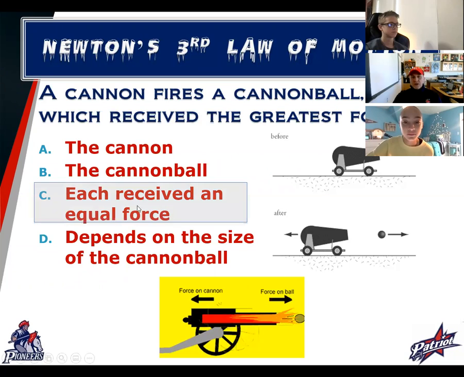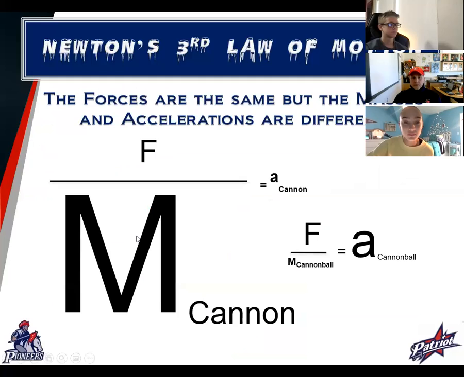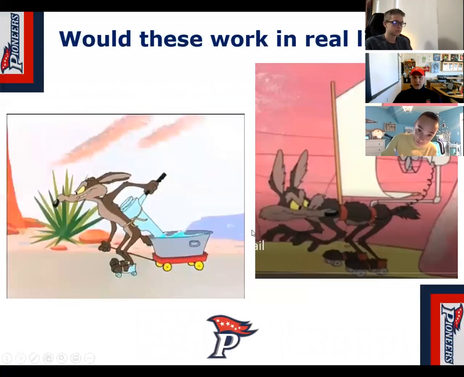They each received an equal force. Looking at Newton's second law, because we're causing acceleration, big mass, small acceleration, small mass, big acceleration, the F is the same. But that force is an unbalanced force that causes the acceleration for each object.